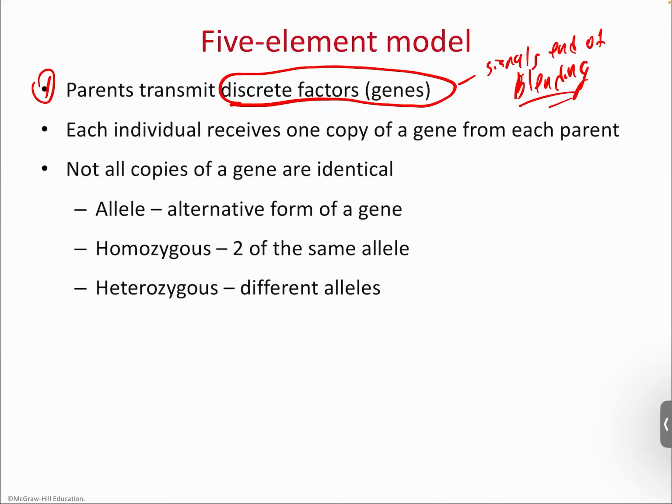Because you can't both blend and be particulate at the same time. The other big one was that you only get one copy of the gene from each parent. It seems kind of like a yeah, duh moment for us now, but that was a big deal back then. We didn't really know that for sure. And now we do.